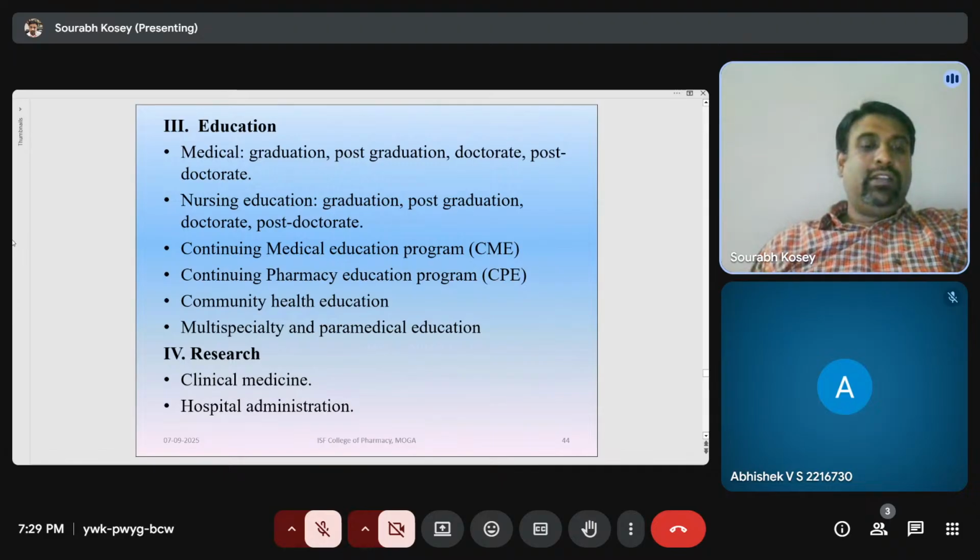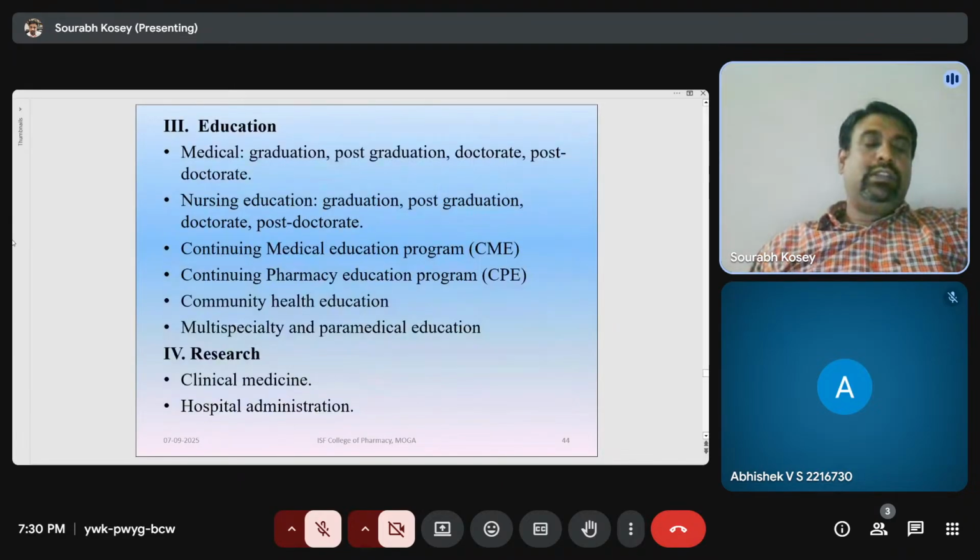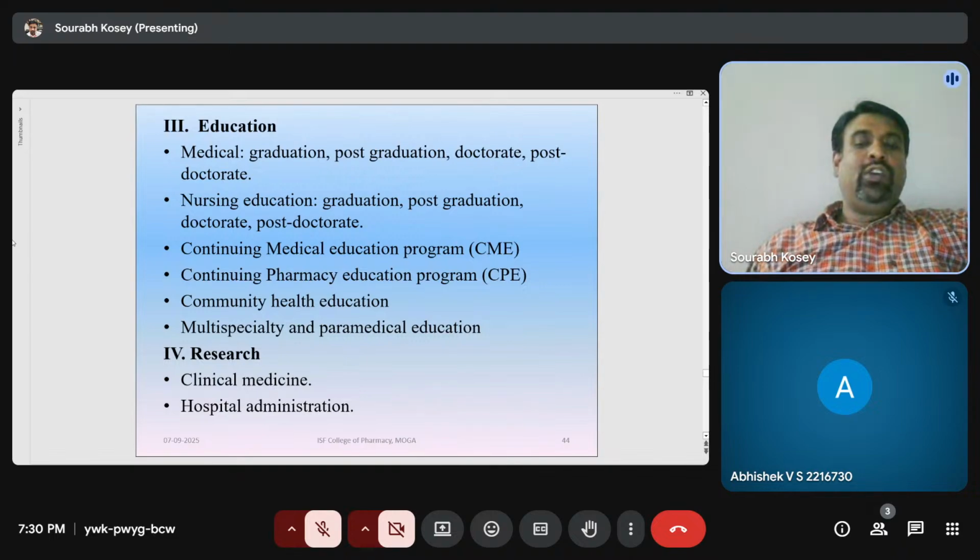Clinical medicine and hospital administration are part of it. Clinical research too: a hospital can be a site for it, or a research center can be allocated within the hospital.